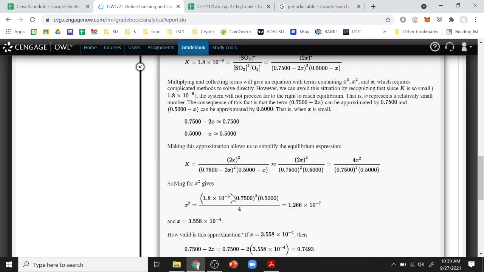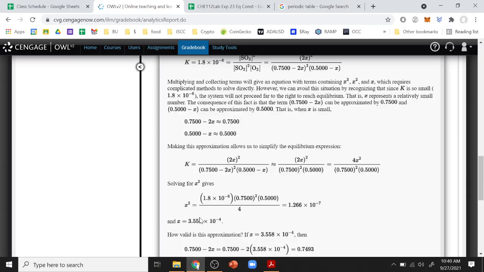I then go ahead and do my math. So 1.8 times 10 to the negative 6 times 0.75 squared times 0.5 divided by 4. That will give me what x squared is. I have that little answer. I bring my answer down, I don't get rid of it, I don't round it.